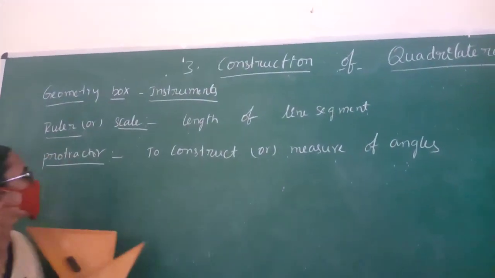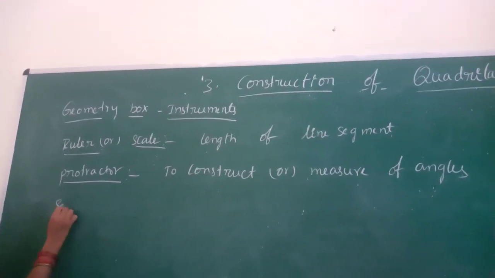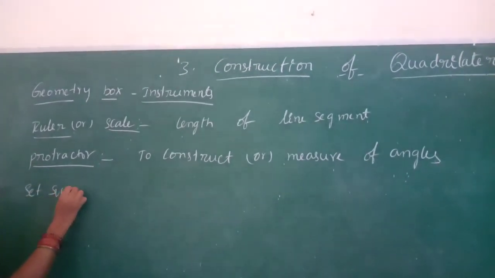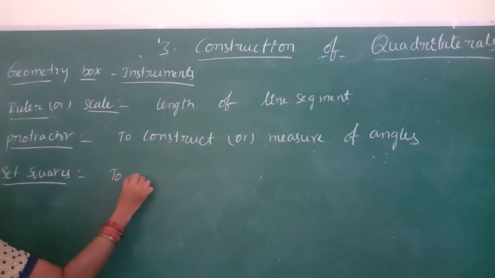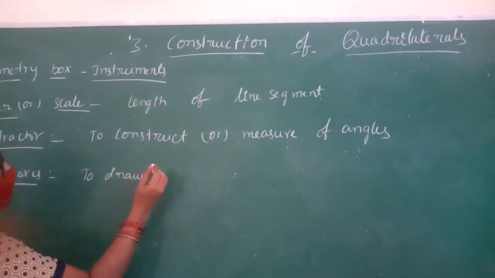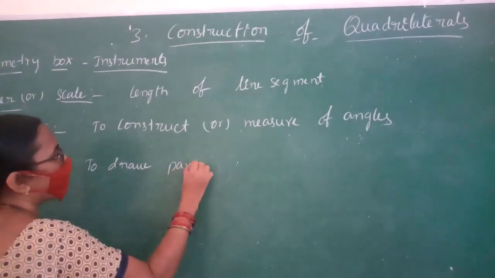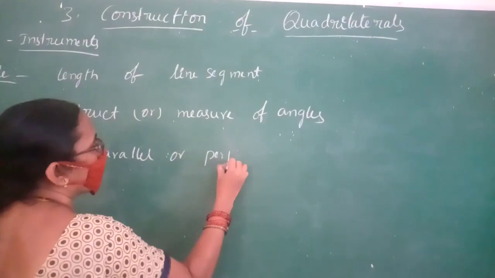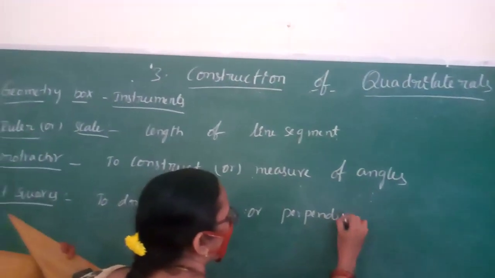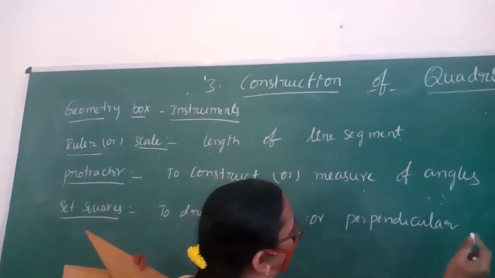Set squares: to draw parallel or perpendicular lines.